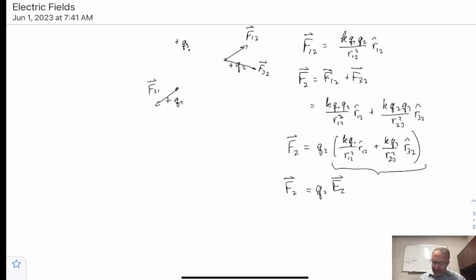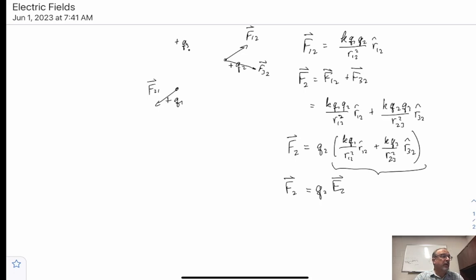Okay? And so the concept of electric field just allows us to ask ourselves, well, what would happen if there were an arbitrary charge placed in the proximity of other charges or even charge distributions.